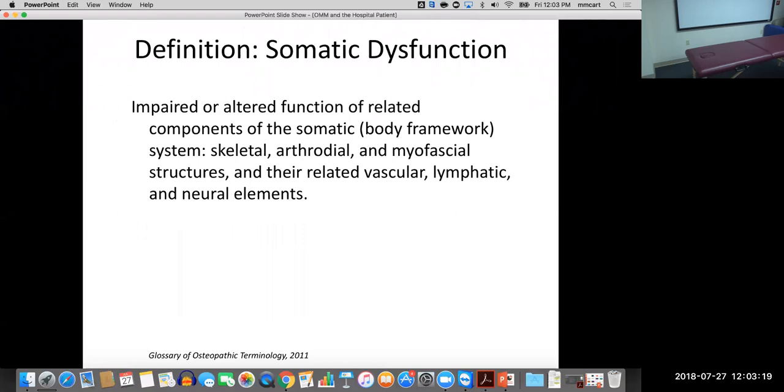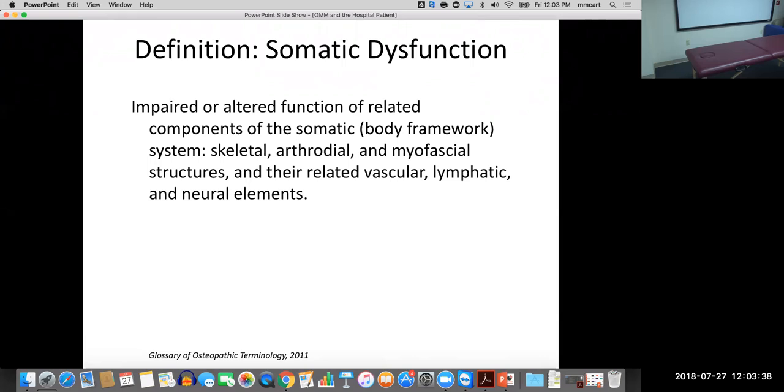Here's our definition of somatic dysfunction: impaired or altered function of the soma, the body framework. That's the skeletal, arthroidal, and myofascial parts. But the reason we think this is important is because when this dysfunction occurs, it influences related vascular, lymphatic, and neural elements.